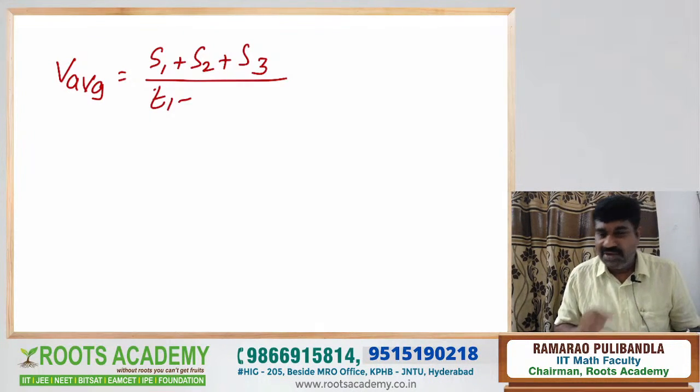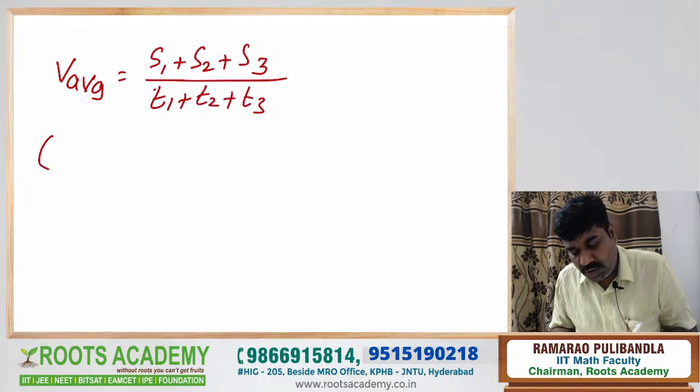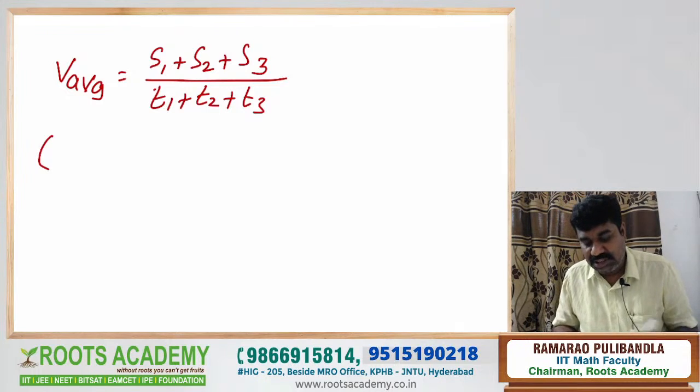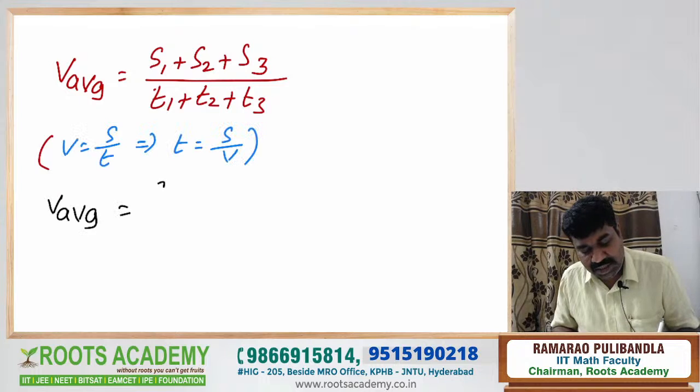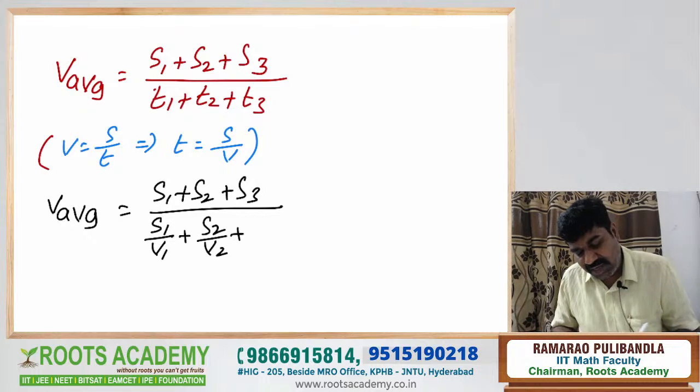We know that velocity is equal to displacement by time, which implies time is displacement by velocity. So the average velocity is S1 plus S2 plus S3 divided by S1 by V1 plus S2 by V2 plus S3 by V3.